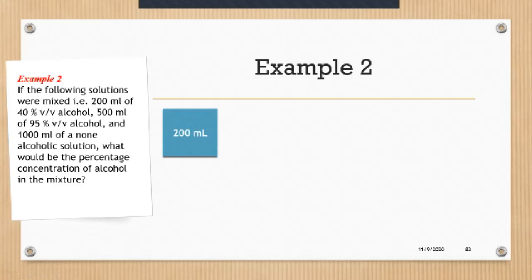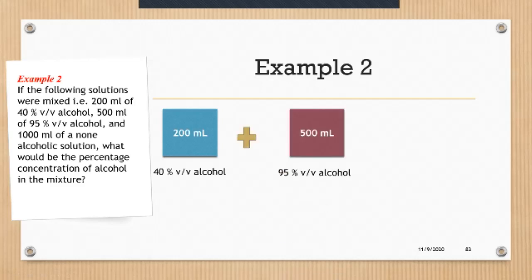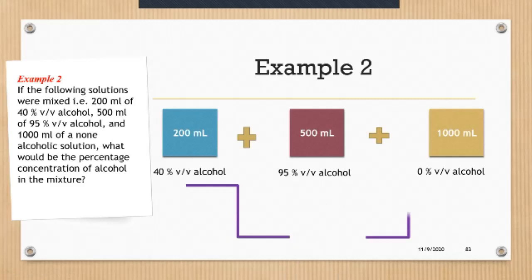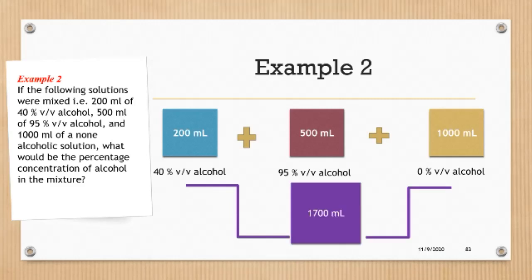So we're going to get a final volume of 1700 mils. But we need now to determine, when you mix all of these ingredients together, what would be the final mixture of this 1700 mils in terms of alcohol.